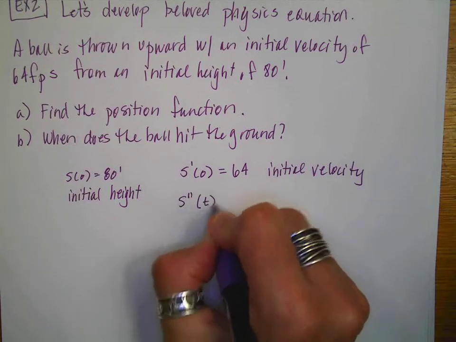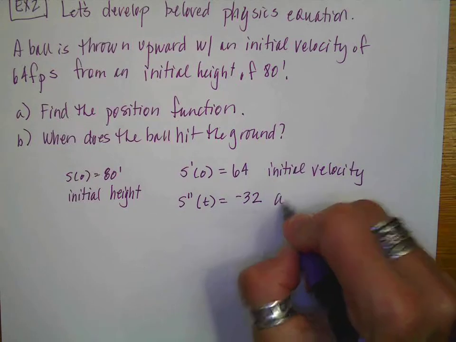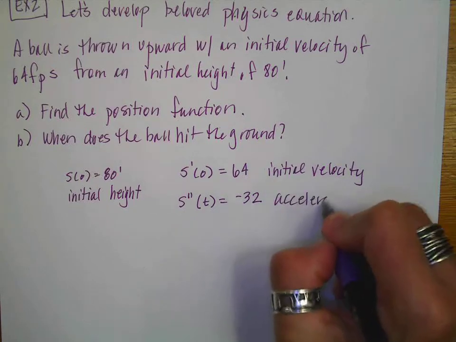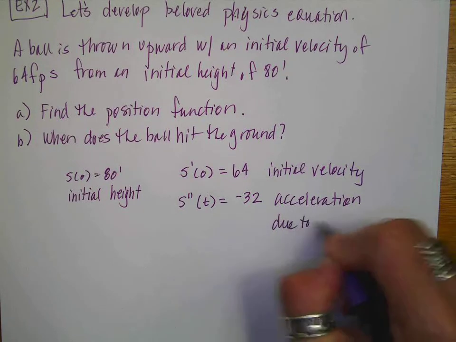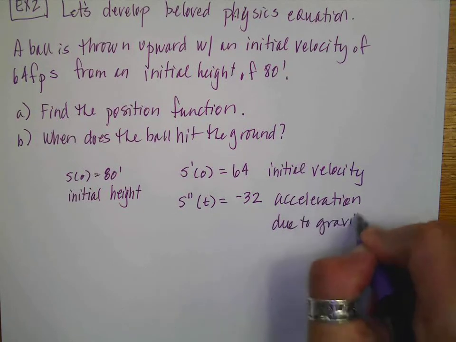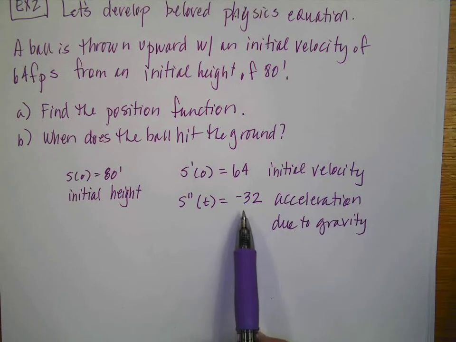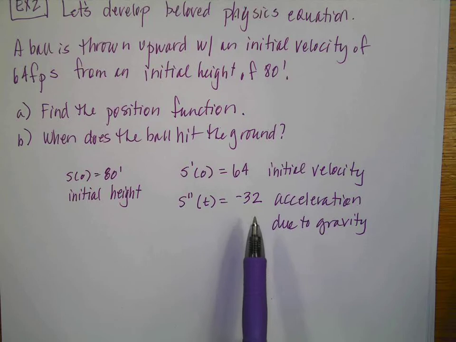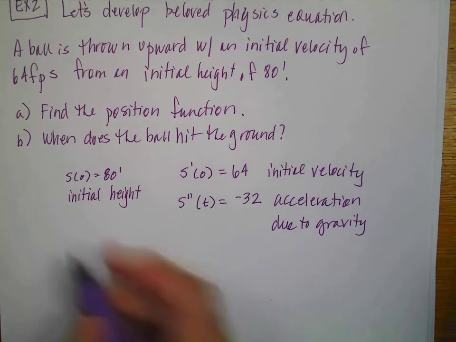And we know that s double prime of t is equal to negative 32, and this is the acceleration due to gravity. This is one of those constants that in physics, if I'm working in feet, it's negative 32 feet per second squared. And then I use other constants depending on where my party is happening.